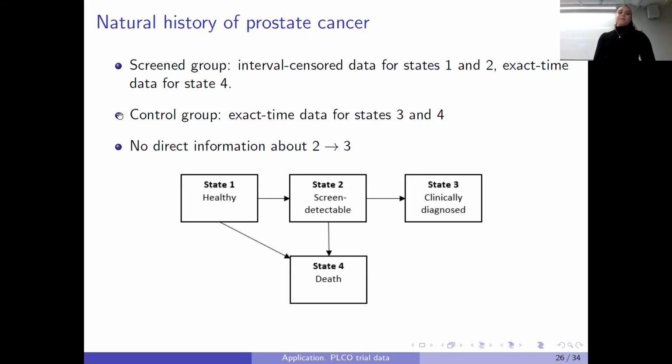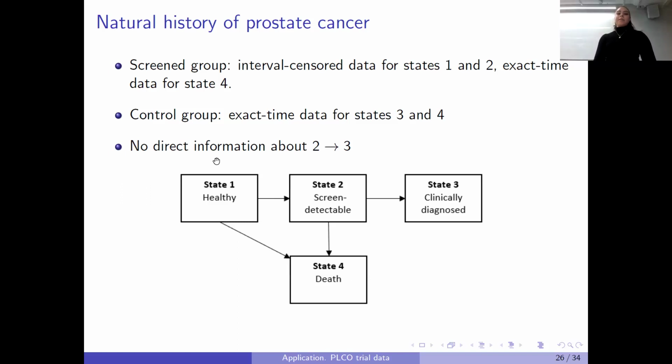So a bit of summary. From the screening group, we have interval censored data for states 1 to 2, and exact time data for state 4, that's dying. And from the control group, we have exact time data for states 3 and 4, so we know exactly when they're clinically diagnosed and when they die.